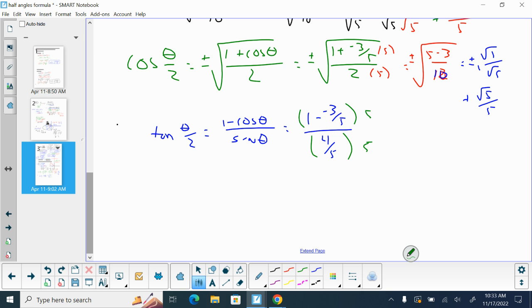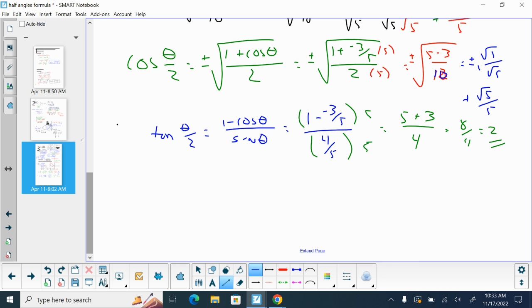It does not matter. We have 5 plus 3 divided by 4. We have 8 divided by 4, which is a value of 2. Now, the nice thing about utilizing this formula, the signs positive or negative will come out in the wash. You don't have to worry about making a decision. It will come out in the wash for you.